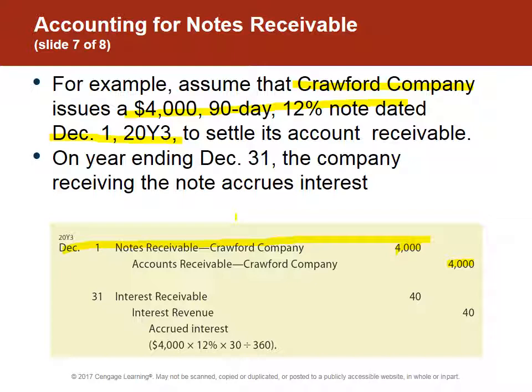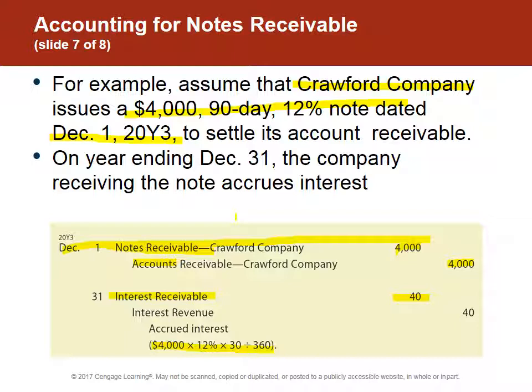So we credit one asset account and we debit the other asset account. Our adjusting journal entry for accrued interest on December 31st takes the $4,000 at 12% times 30 days. And so we legitimately get to record a new account that you may not be familiar with called interest receivable.